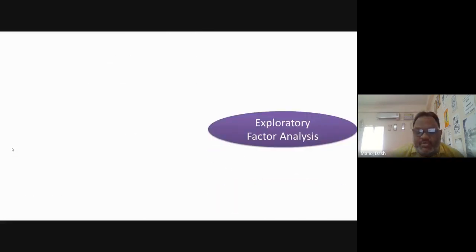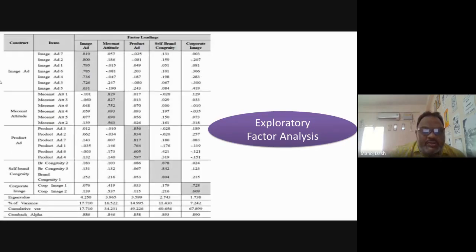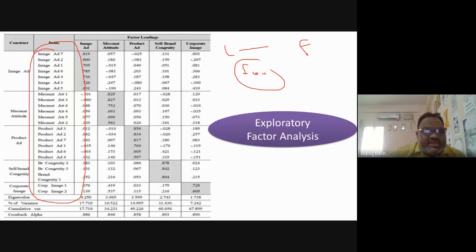Let's start with number one. What is the first one? Exploratory factor analysis. What is that? This is also called the dimension reduction technique. Here, these are the variables we've identified from bibliometrics or through your SLR. Then I collected a sample of 500 people, rating from 1 to 5. When you apply factor analysis, the items are divided into different groups, such as image advertisement, attitudes, and product advertisement.